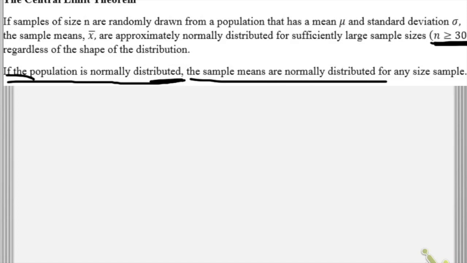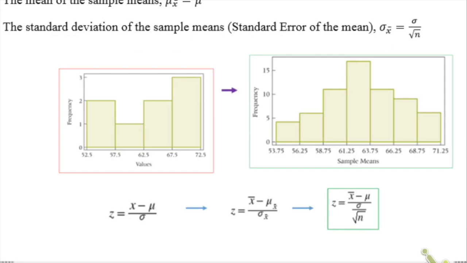You could use a sample size of 2, 3, or 10. That's okay. The one where your n has to be at least 30 is if you don't know what the distribution is, or if you know that it's not normal. Okay, so that's what we're going to be doing here.